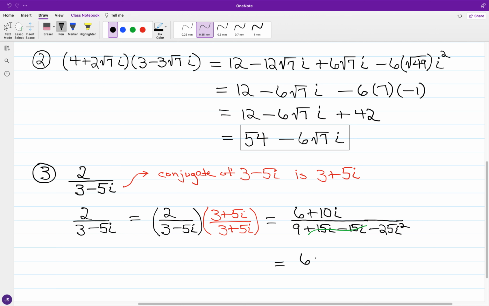Carrying forth what we have, we've got 6 plus 10i, and in the denominator I have 9, and again the first order i terms canceled out, and we got minus 25, and for i squared I have negative 1.